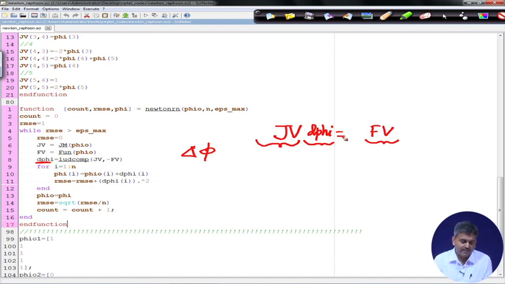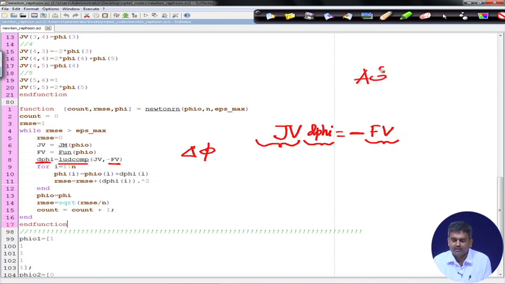So, in this case if you utilize LU decomposition, with a negative sign, minus r, because this is required, we need to place a minus sign before r to get the solution of del phi, because this is the general structure.